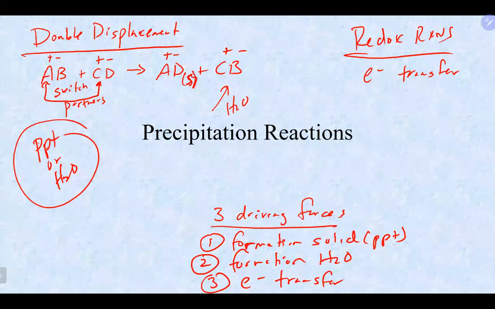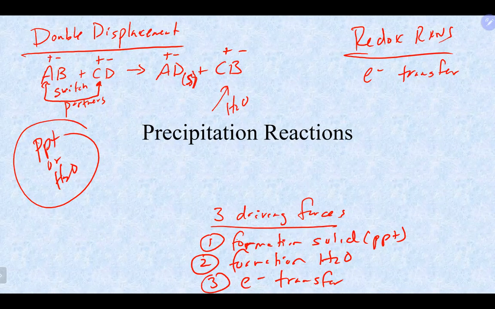What I mean by that is you could look at one reaction, and depending on what you're looking at, there could be, for example, three different ways that you could classify the exact same reaction. So as we will see, when we look at reactions, we can classify them in different ways.